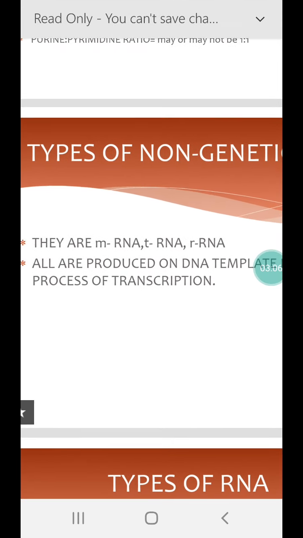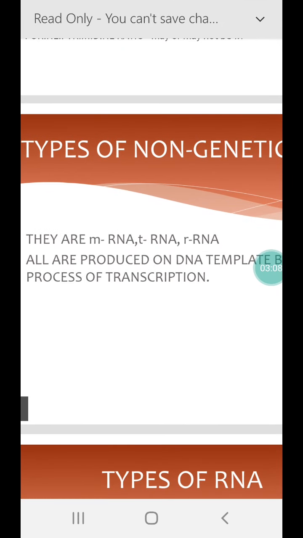Now, types of non-genetic RNA. There are 3 types of non-genetic RNA, and they play an important role in protein synthesis in both prokaryotes and eukaryotes. These are messenger RNA, ribosomal RNA, and transfer RNA. All these 3 types of RNA are produced on a DNA template by the process of transcription.